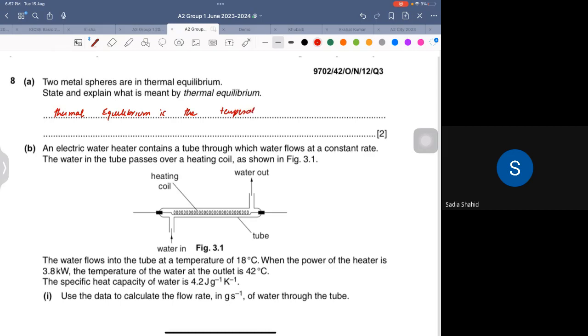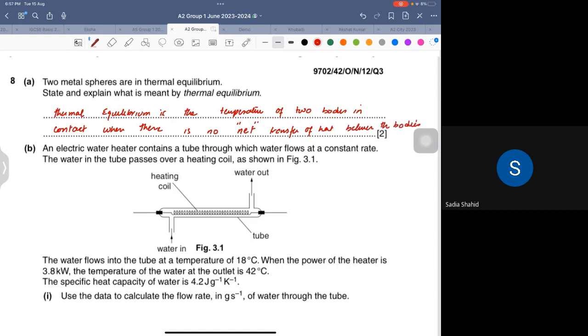Thermal equilibrium is the temperature of two bodies in contact when there is no net. Now, writing this is the keyword. You won't get the other mark if you don't write this. Net transfer of heat between the bodies.